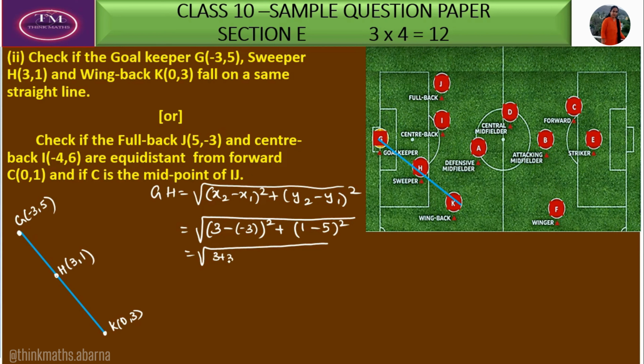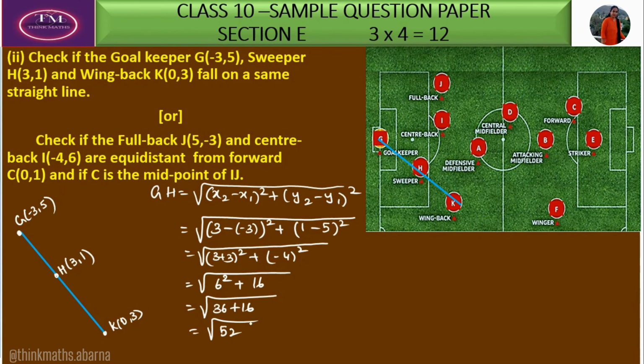So 3 plus 3 whole square plus 1 minus 5 is negative 4 whole square, which is equal to, what is 3 plus 3? It is 6. So 6 square plus minus 4 whole square is 16. Minus square is positive. So 4 square is 16. So we have 6 square is 36 plus 16. So we have 36 plus 16 is 52.